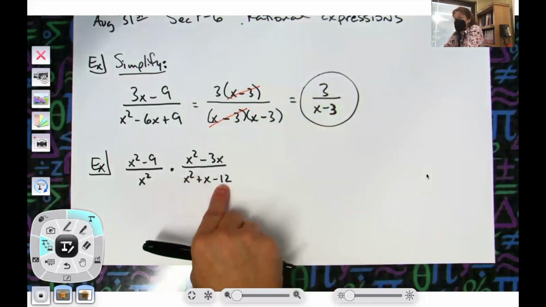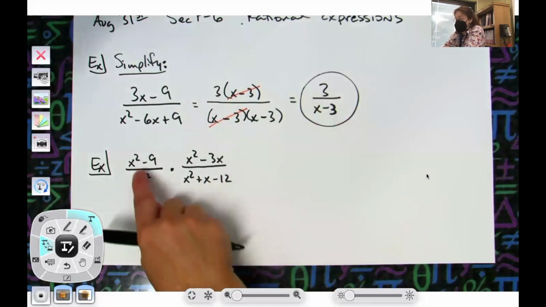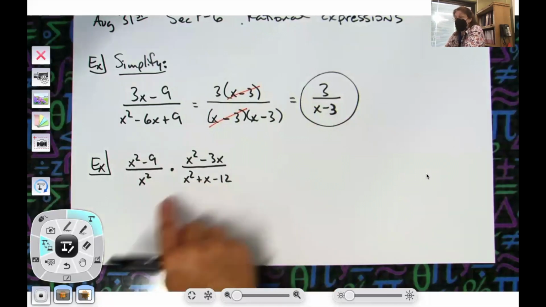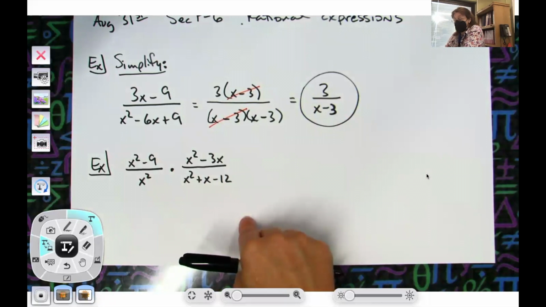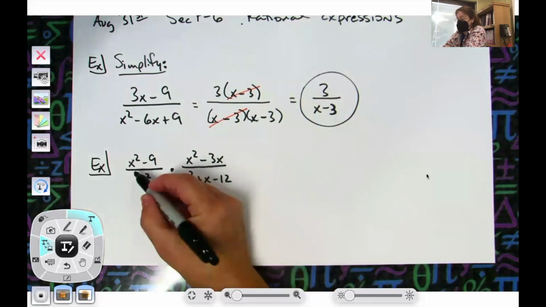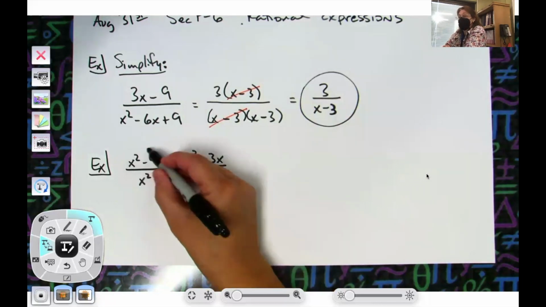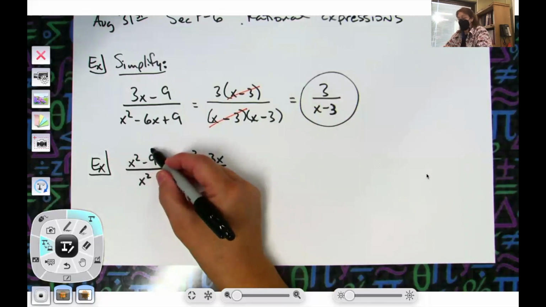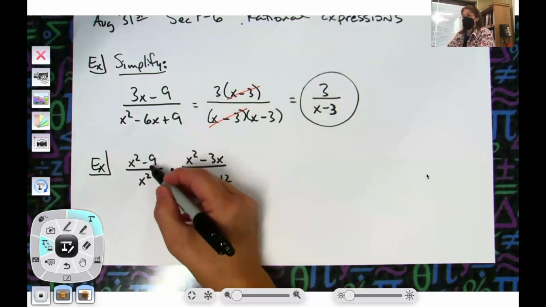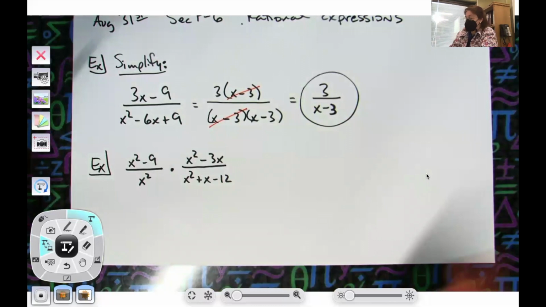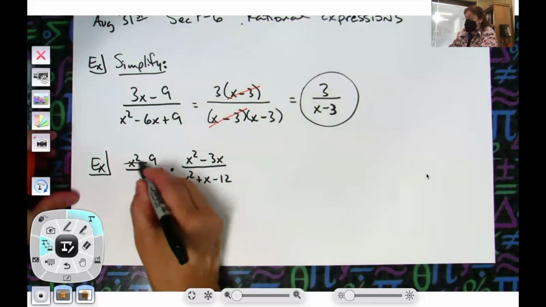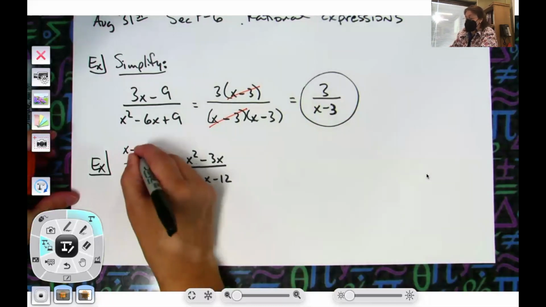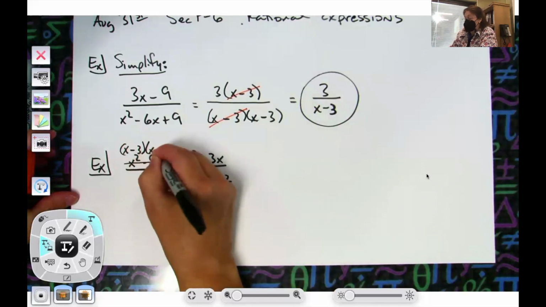Now there's lots of different ways you can do this. You can factor each one of those spots and rewrite it completely, or sometimes people will take this and factor it and then write it right above it. I really don't care which way you do. Now x squared minus 9 is the difference of 2 squares, right? So that means I can have an x minus 3 and an x plus 3 right there.